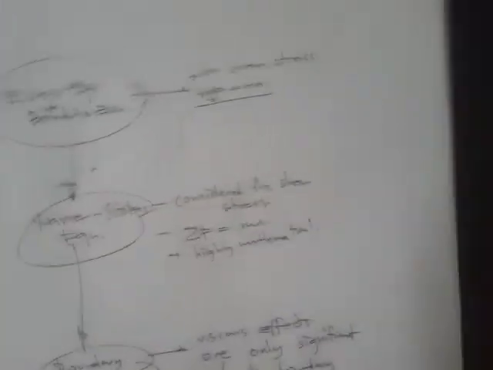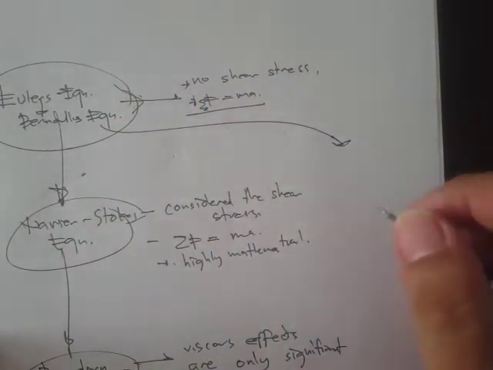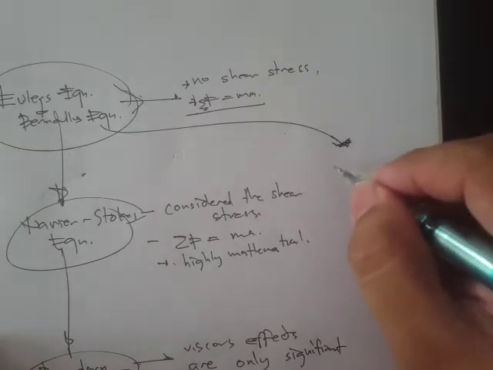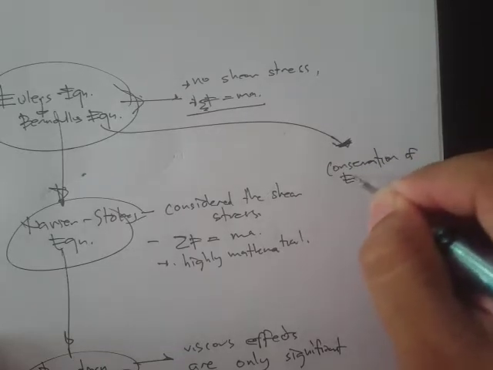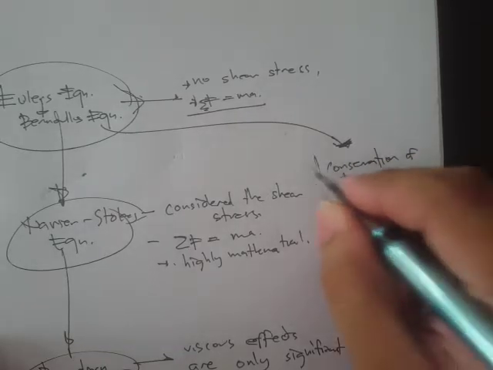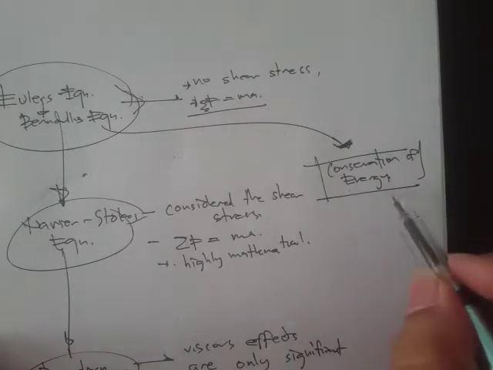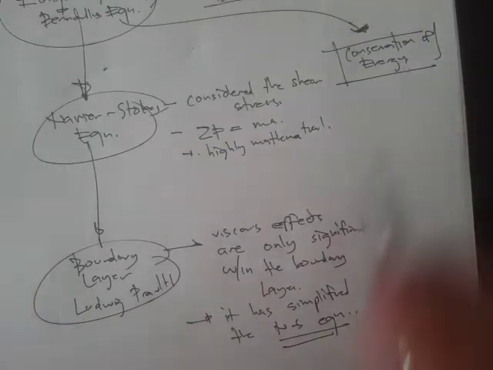However, we have another way to take into account the head loss or the shear stresses. It is by the use of conservation of energy, together with the conservation of mass. When we apply the conservation of energy, we can actually solve for the head loss.